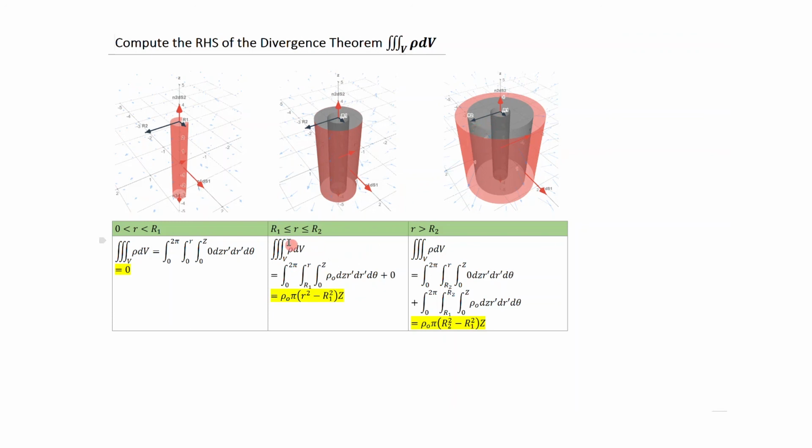The moment we go outside that region, from R2 onwards, you get a 0 contribution because there's no charge in this region. And so effectively, we end up with a result similar to this, except that R just becomes R2 squared. And so these are the three different regions that need to be considered when we're computing the field.